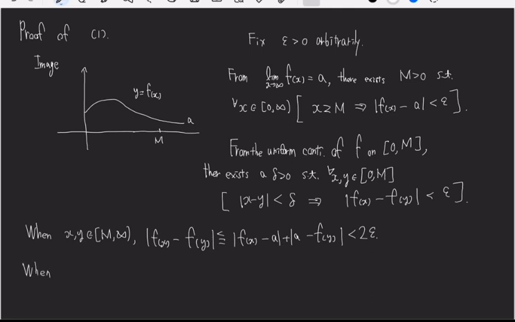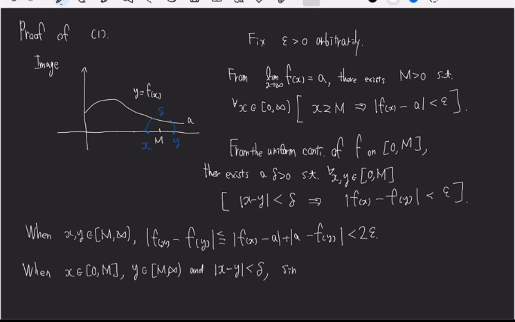When x is less than or equal to m, that is, x in the interval 0 to m, and y is greater than or equal to m, and the modulus of x minus y is less than delta, that is, in this image, this is x and this is the point y, and the difference between them is less than delta.